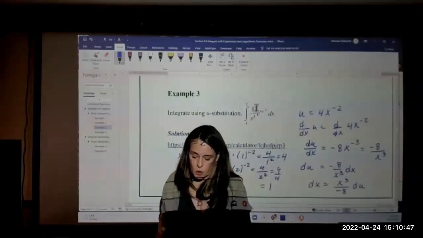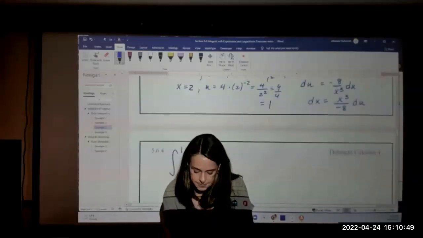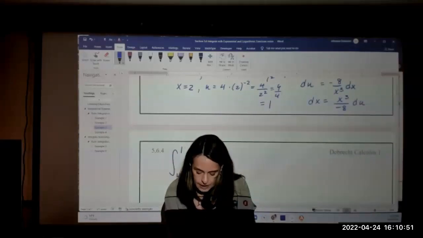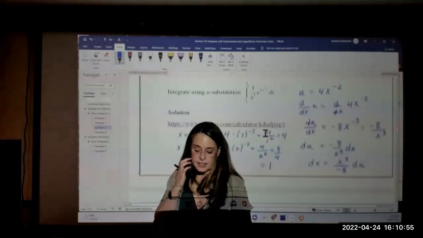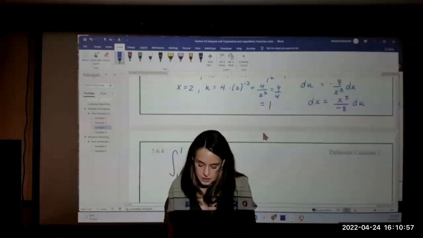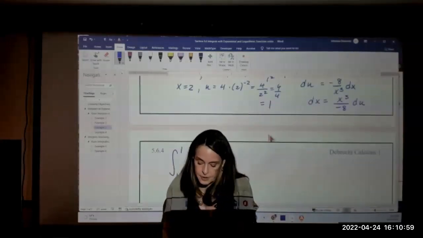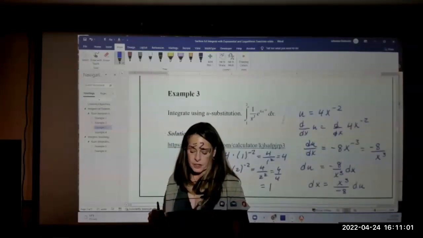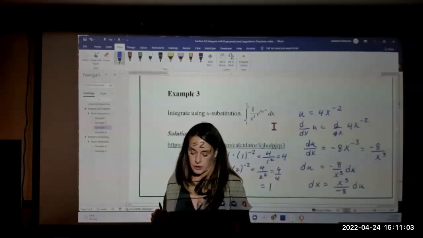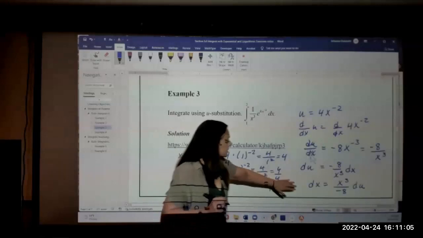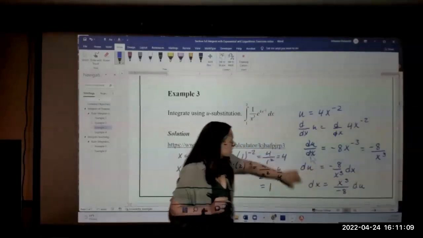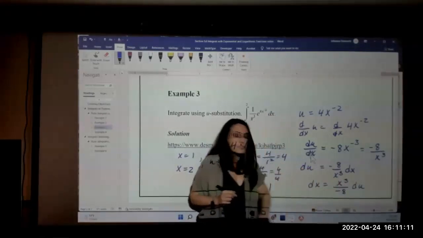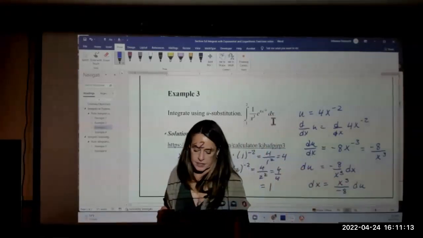And our 1 over x cubed will stay. And then our e to the 4x to the negative 2 becomes e to the u. And then we need to replace the differential dx that we see here with what dx is equal to, which is down here. So the differential dx gets replaced by this x cubed over negative 8 du.